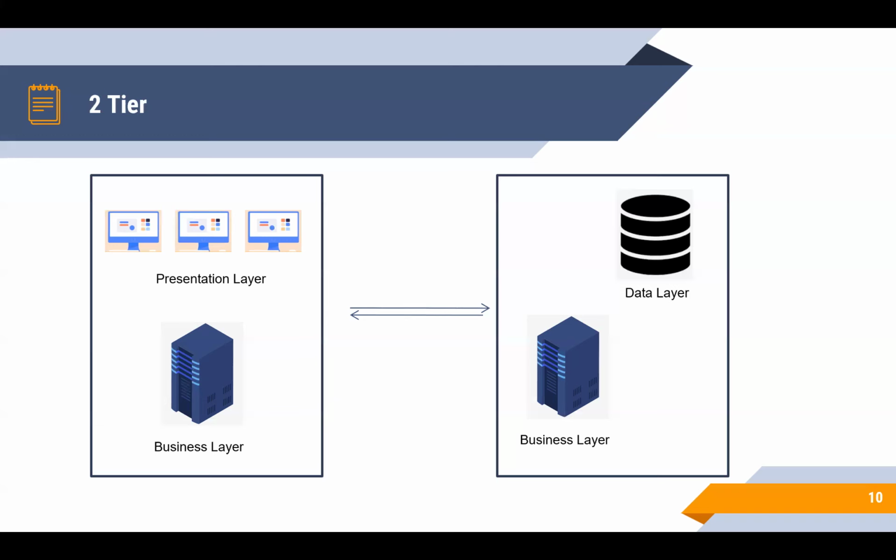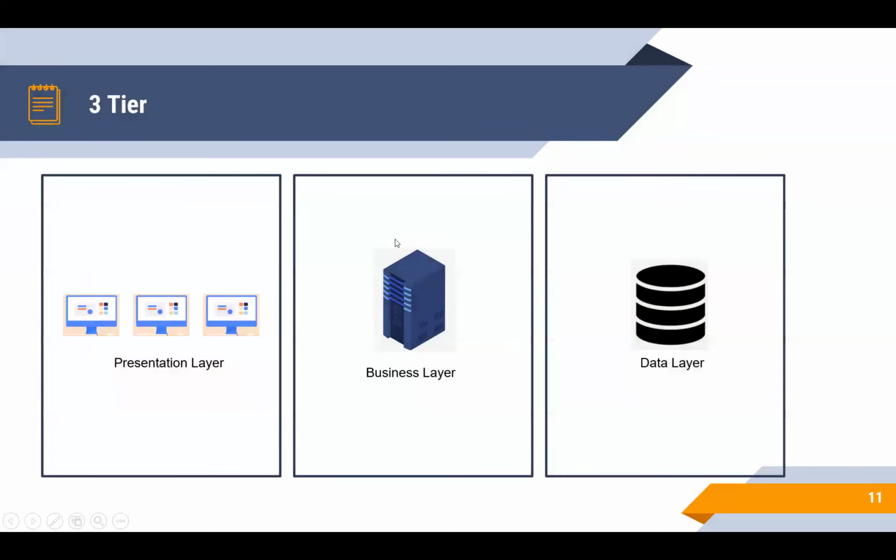One machine is for the presentation layer and another machine is for the database and business layer. Clear? This is called the two-tier architecture. Understood, guys? Yes.